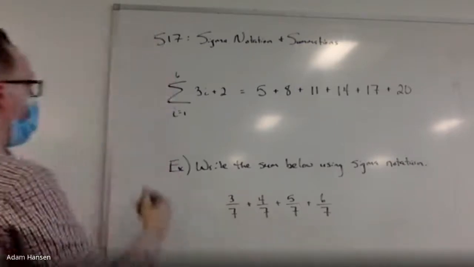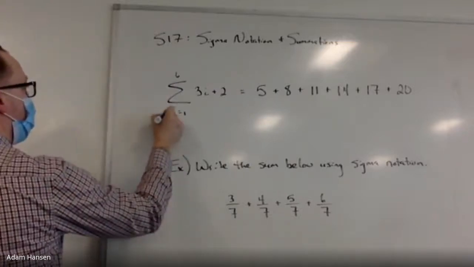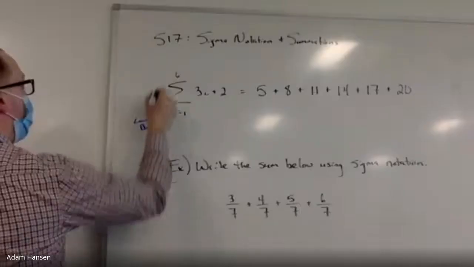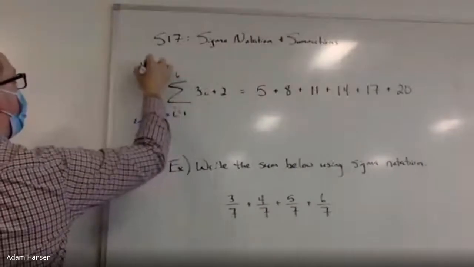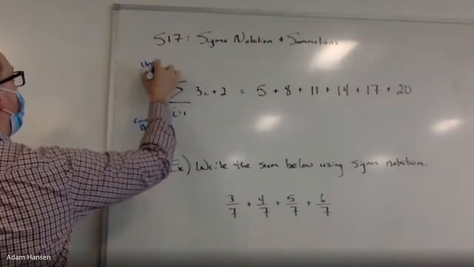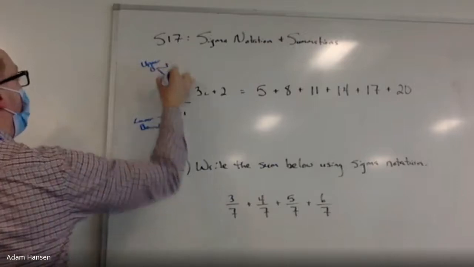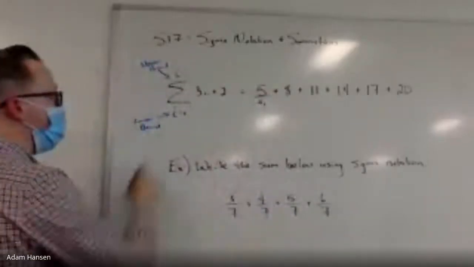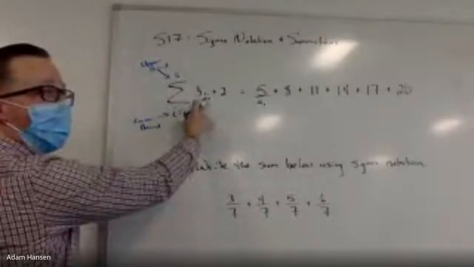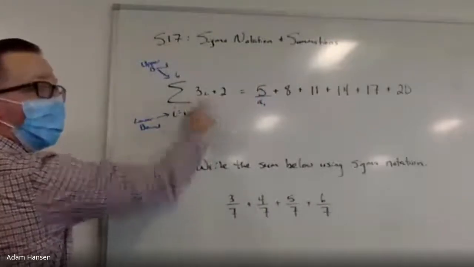The lower bound and upper bound in this particular sum, to 6. For all, the first term, a sub 1, is found by plugging in 1 for my index, this i here. 3 times 1 is 3, plus 2 is 5.